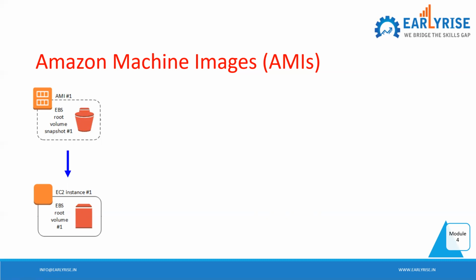You created a snapshot out of a 1 GB volume yesterday, right? Is that an AMI? Can that be used to launch an instance? It will need additional information. Can you launch an instance out of that volume? Does that contain an operating system? No. That is not an AMI.